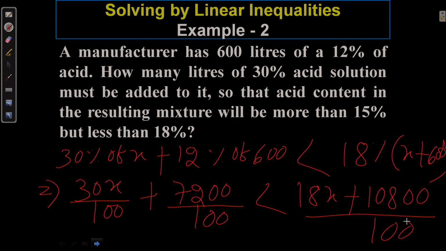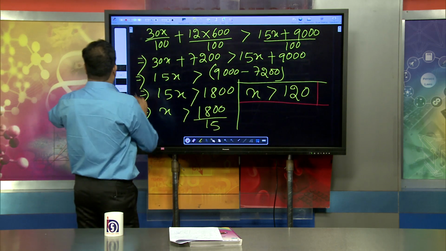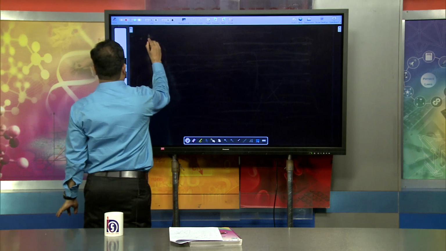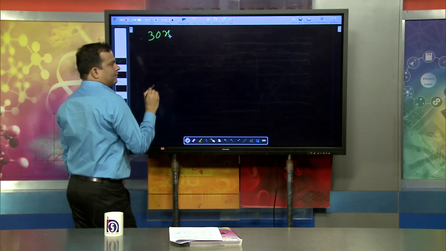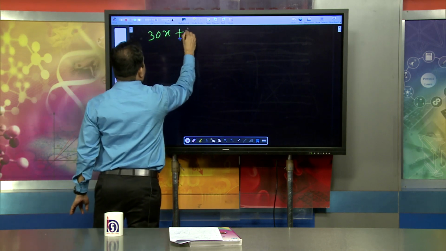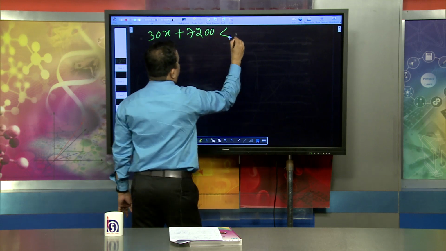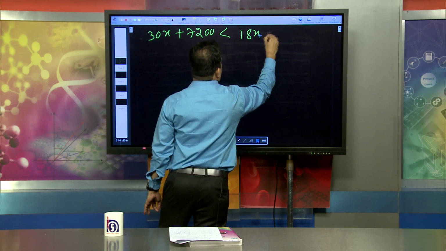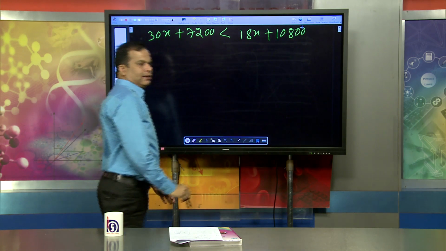Now we have to remove 100 in all cases. Now what do we find? In the second case, 30x plus 7200 is less than or equal to 18x plus 10,800. Am I correct? Yes.